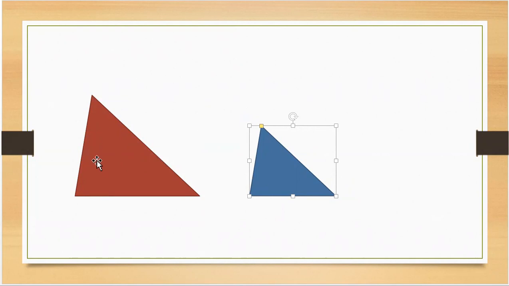Why? Because the lengths are different, but there is something which is similar, and that is the angles. All the three angles of this maroon color triangle are exactly equal to all the three angles of this blue color triangle. Only the difference is in the length. The blue color triangle has a smaller length, whereas the maroon color triangle has bigger length.